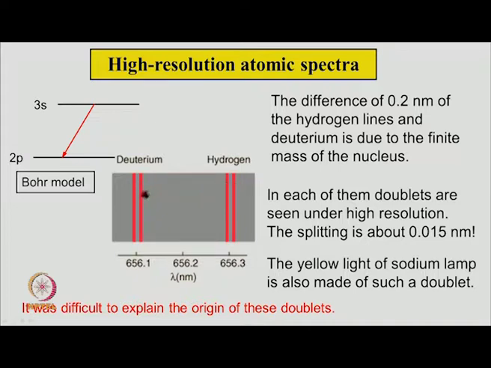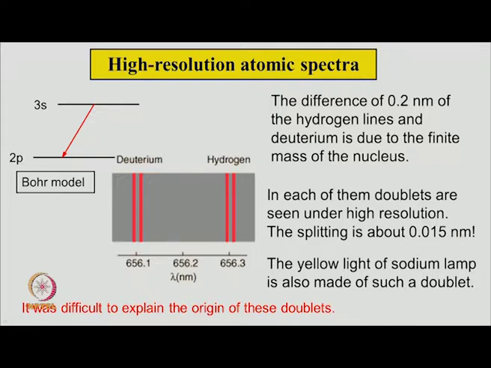The difference in their line position is due to the difference of the nuclear mass, so that is not of serious consequence. It is that these two doublets, where the separation is very small, of the order of 0.015 nanometer, that was very difficult to understand.